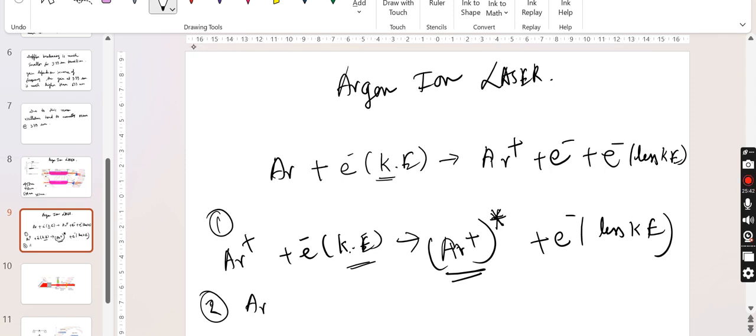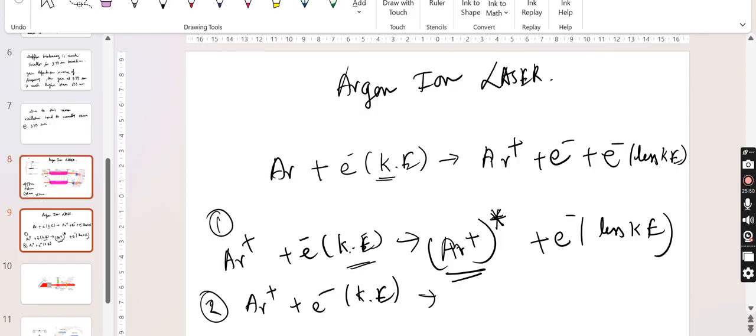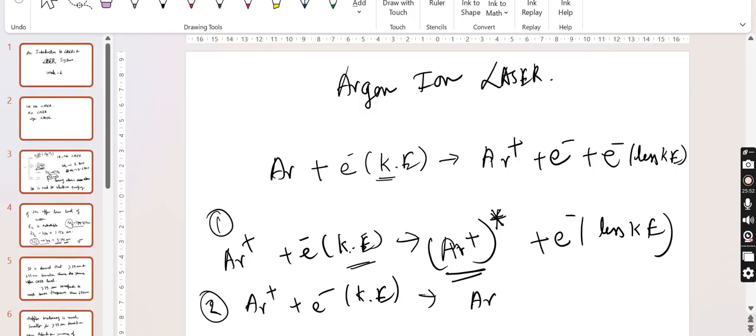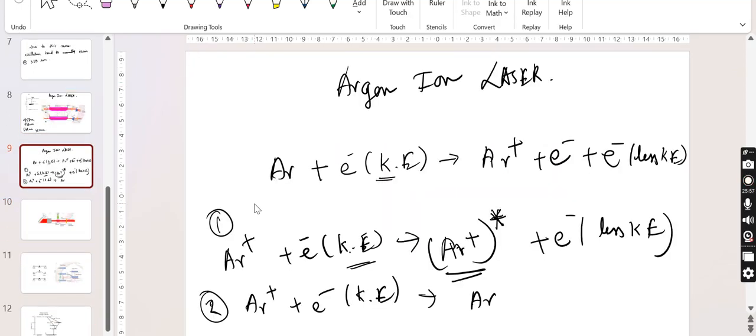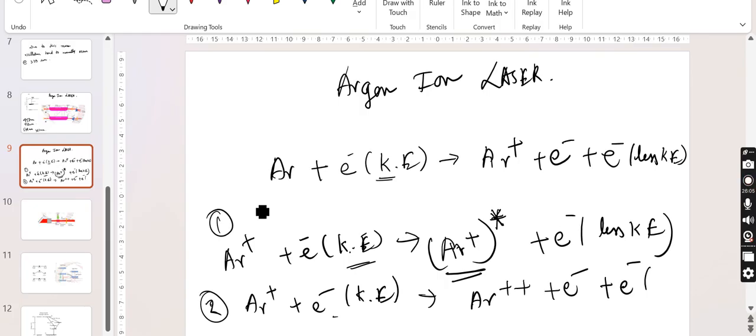In that case, it collides with another electron and makes argon 2 plus in the ground state and emits an electron, and the same electron with which it has collided will now have less kinetic energy.